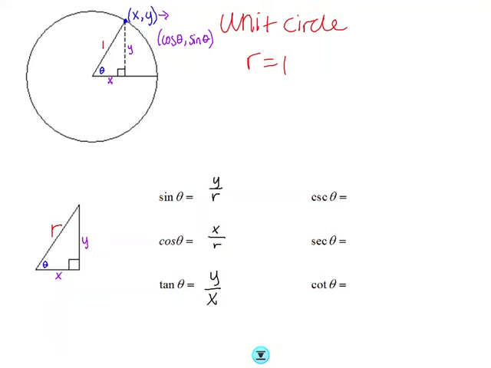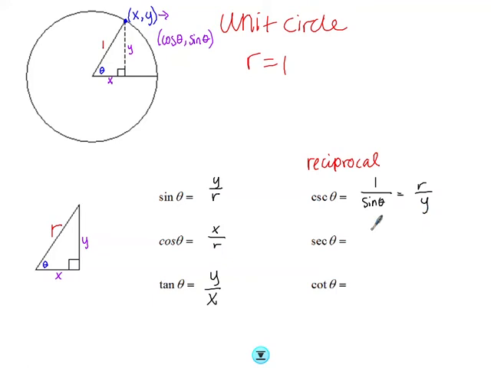Then we have our reciprocal functions, which you may or may not be familiar with. Cosecant of theta is 1 over sine of theta, which means that that would be r over y.